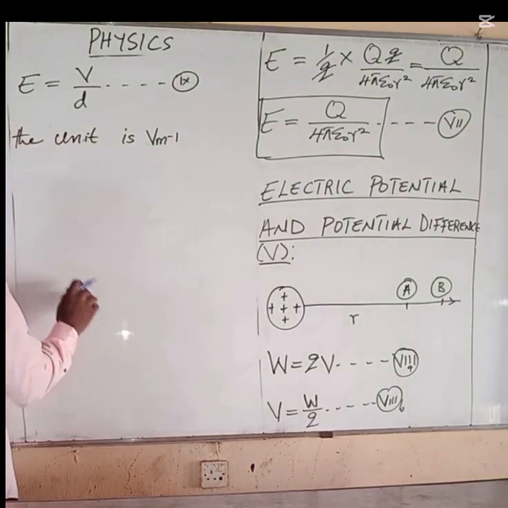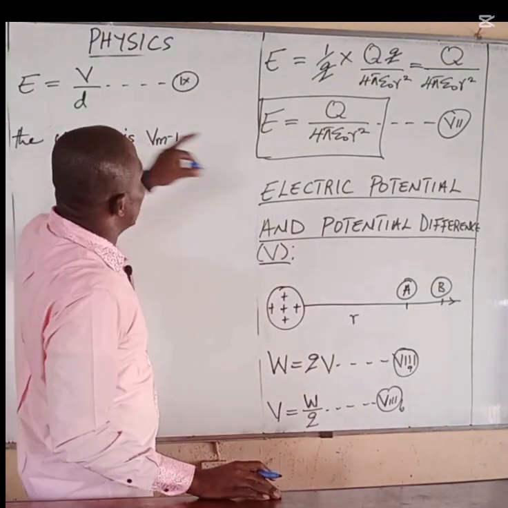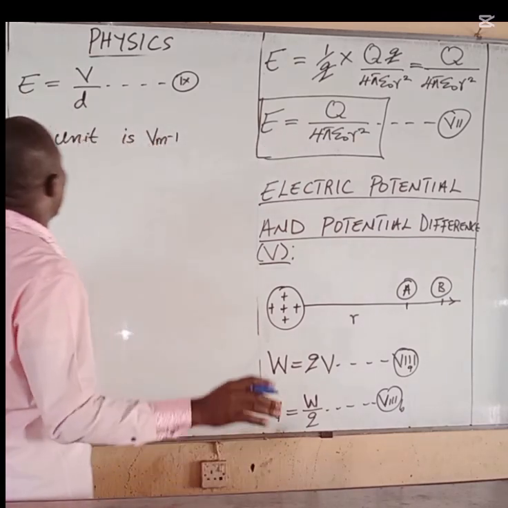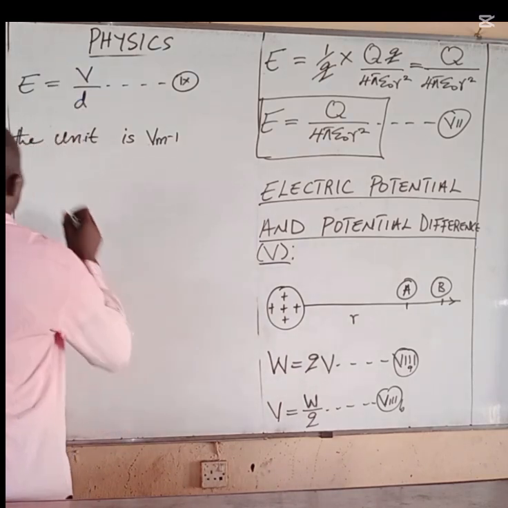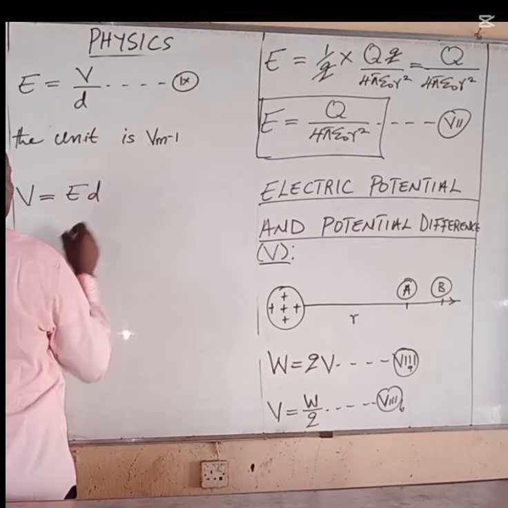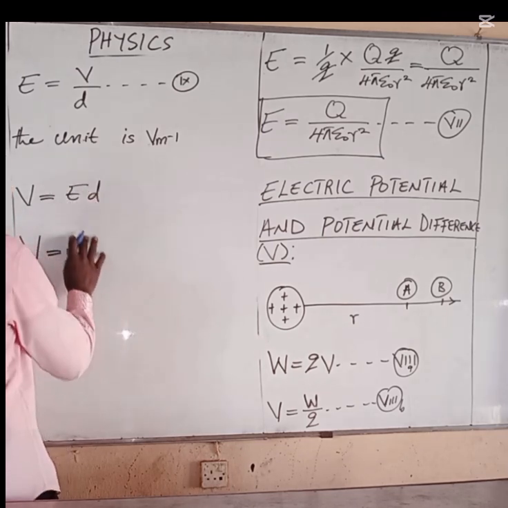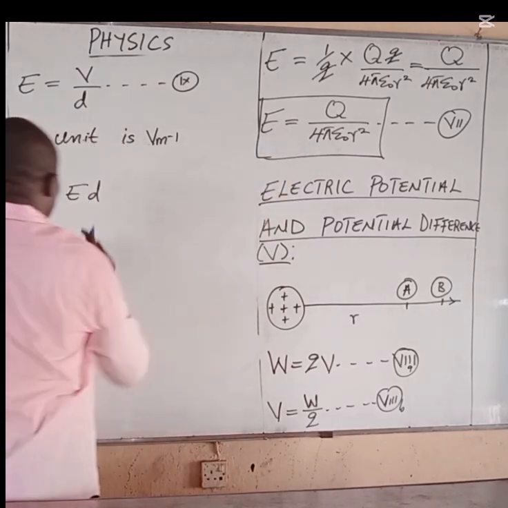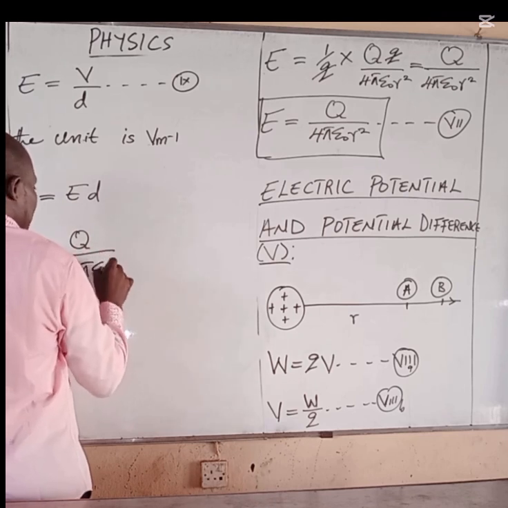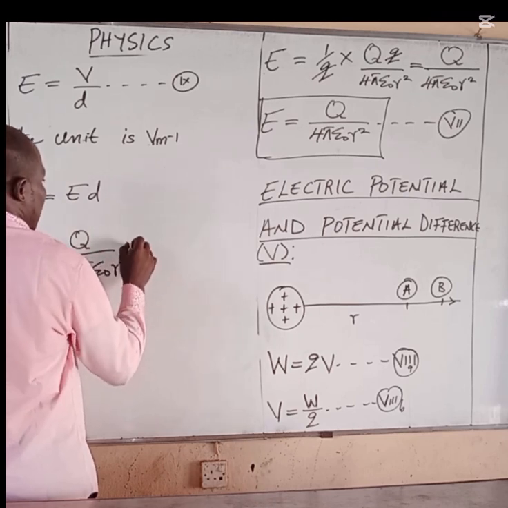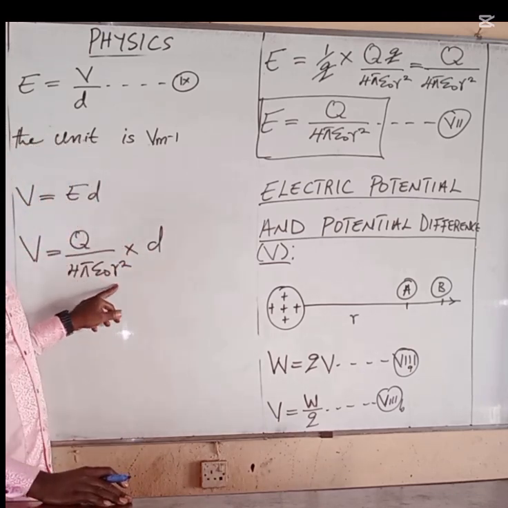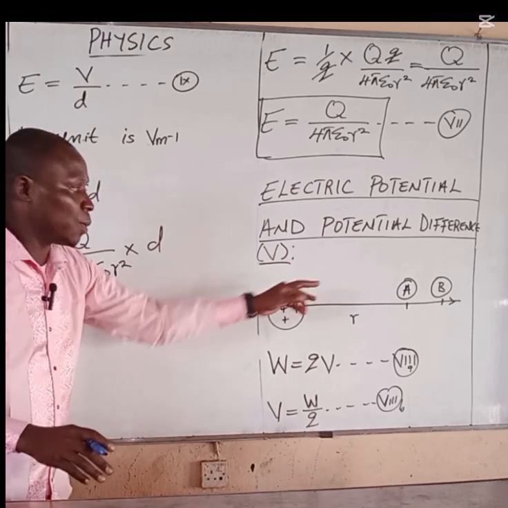If that is the case, we are going to substitute this equation into this, since E equals this and E is also equal to this. Making V subject of formula, V becomes equal to ED. Then we substitute the value of E, so that we have Q all over 4 pi epsilon naught R square times D. I'm going to change this R into D because we are talking about distance between 2 points now.